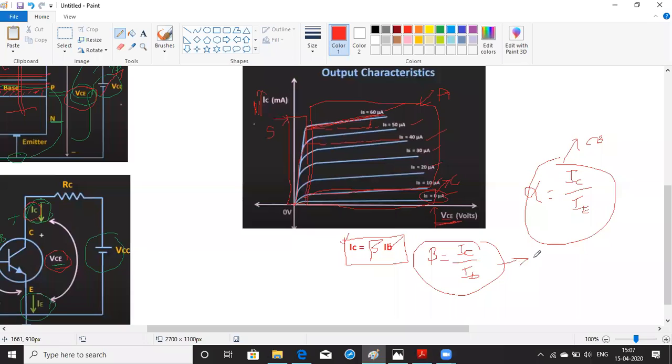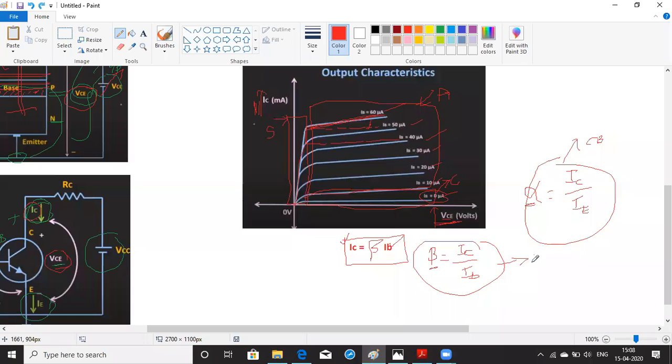Anyway, the definition of any current gain is output current divided by input current. In the common base we call it alpha, in the common emitter beta, and in the common collector gamma. Only the notations change, to identify in which configuration the transistor is working.